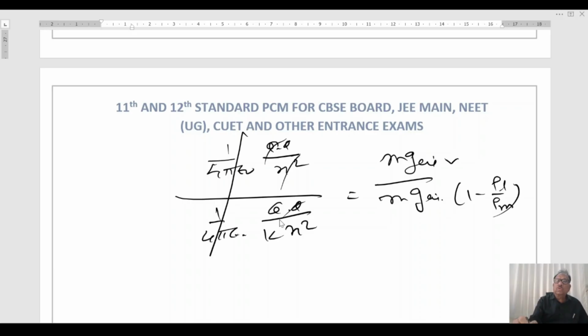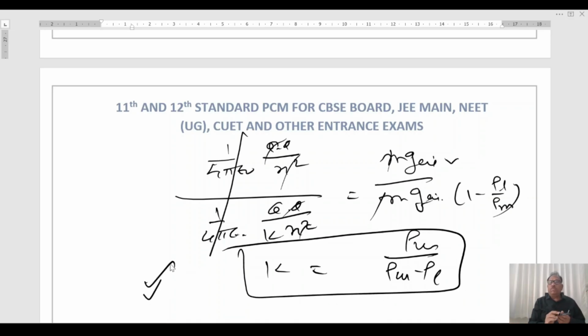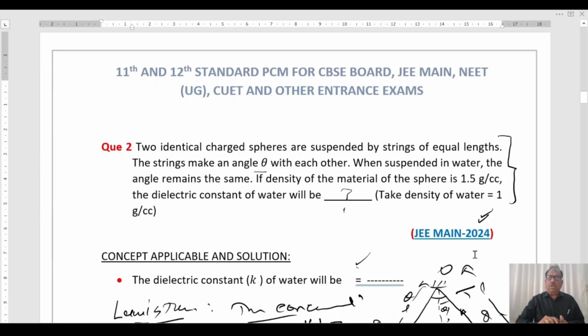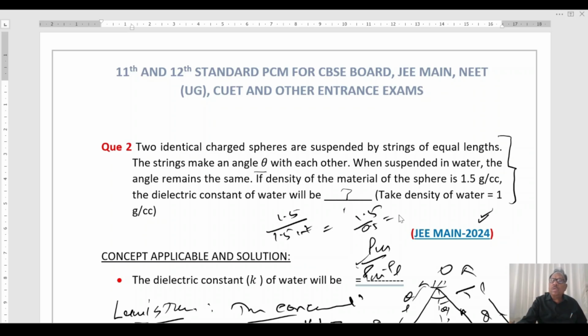This goes, this goes, this goes, this becomes K. M goes. So on simplification, this comes to rho M over rho M minus rho L. This is the final formula. If you put in the values, this will be rho M over rho M minus rho L. Density of the material is 1.5, right? 1.5 minus 1, that comes out to be 1.5 upon 0.5, that is 3.